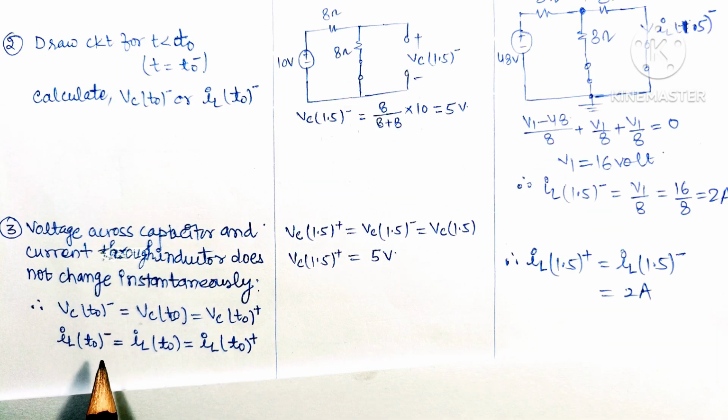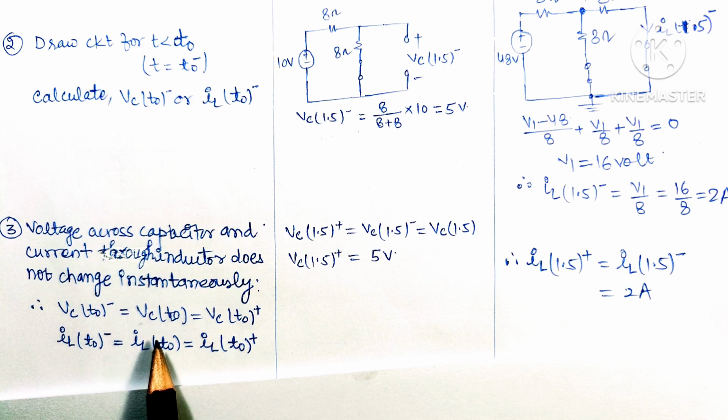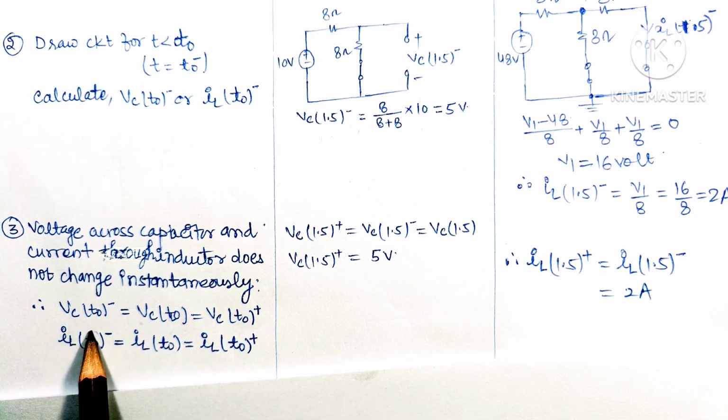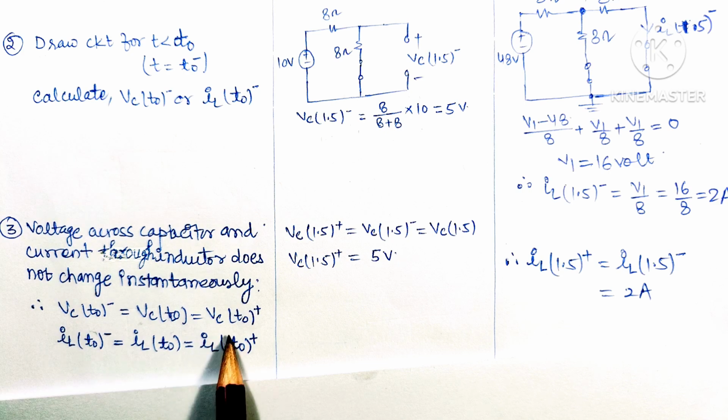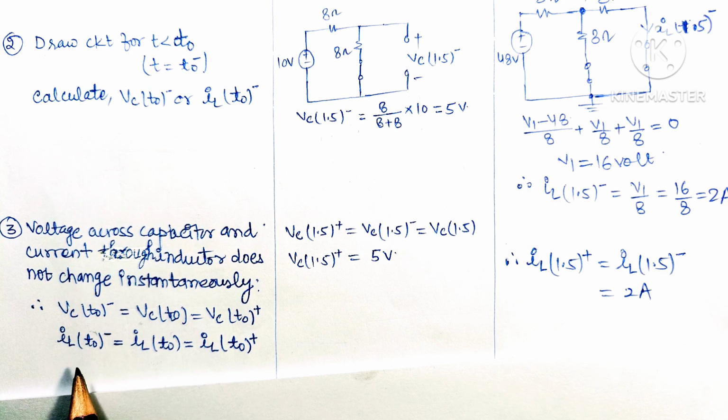In our third step, we know that capacitor and inductor cannot change their voltage and current instantaneously respectively. So here voltage VC(t naught minus) will be equal to VC(t naught), which will be equal to VC(t naught plus), meaning voltage at the time of switching will be equal to voltage just before switching and voltage just after switching. And in the inductor, current at the time of switching will be equal to current just before switching and current just after switching.